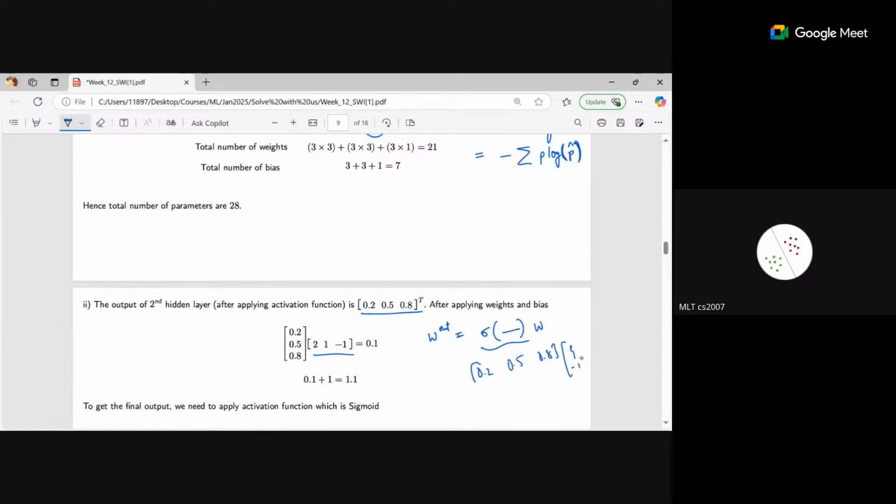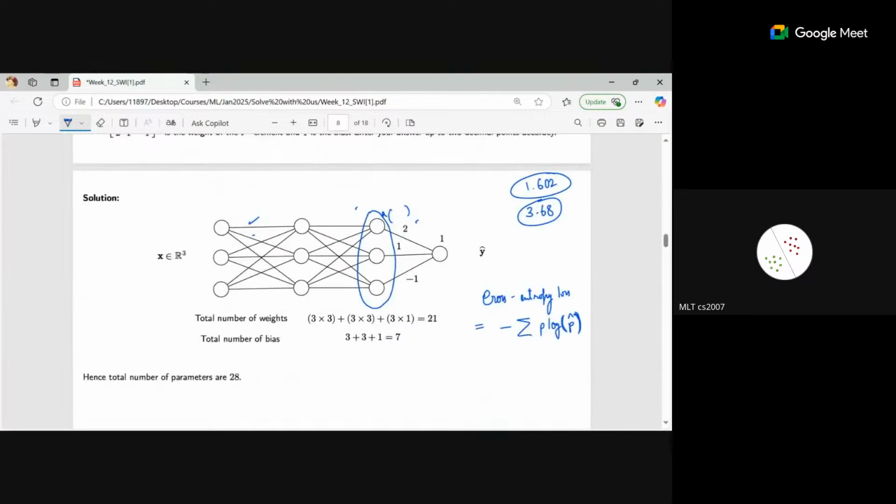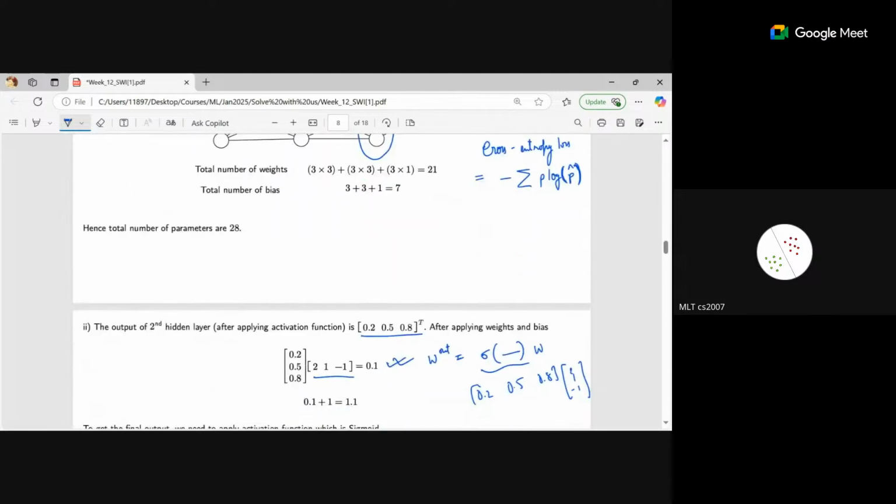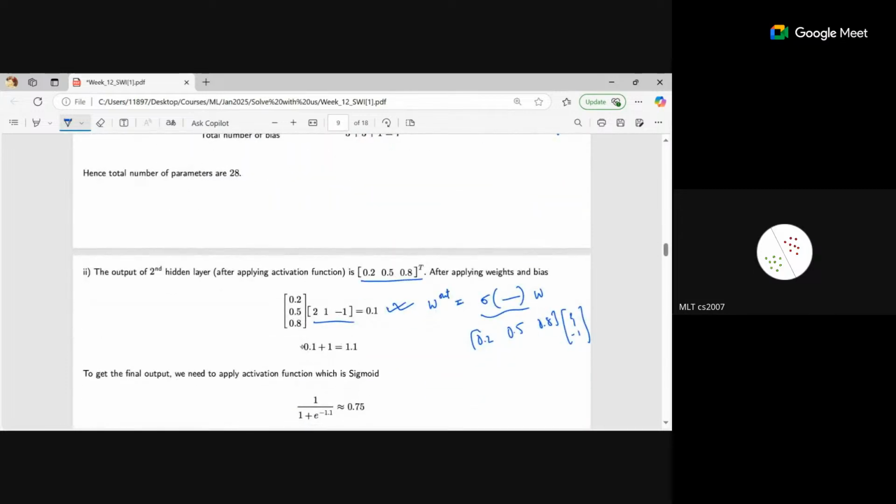We solve for it and we get W out to be 0.1. But then there is the bias term also involved, and that is given to us as 1. So if 1 is the bias, we add it over here, and the overall output W out that we get becomes 1.1.